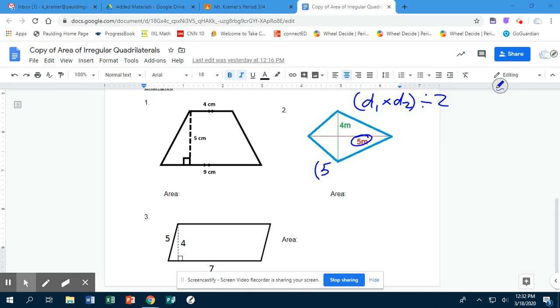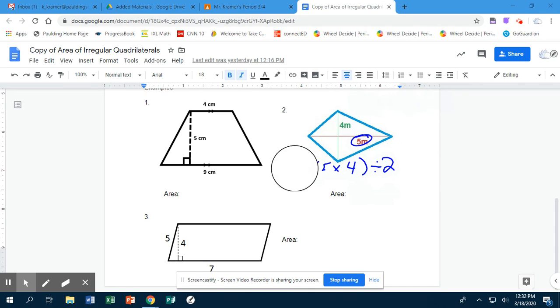So it's 5 times distance 2, which we will call 4, divided by 2. If you plug all that in, that's 20 divided by 2. You put that in your calculator, you get 10 meters squared. That's it. It looks complicated. It's really not that hard if you know where to plug in your values.